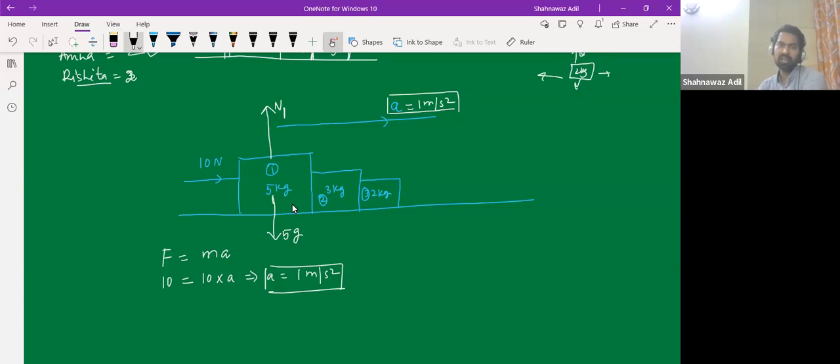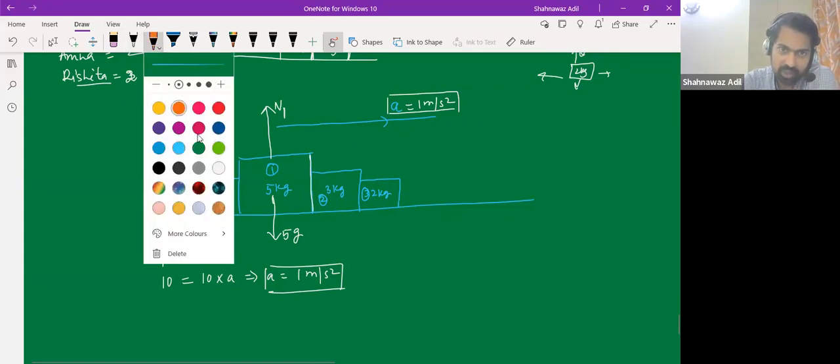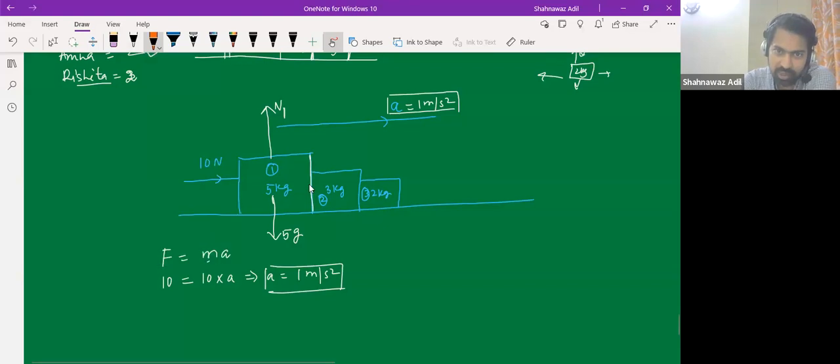So what can you say about the surfaces of the 5 kg and 3 kg blocks? Their surfaces are also touching each other, right? So this 3 kg block will apply a force perpendicular to this surface in this direction.